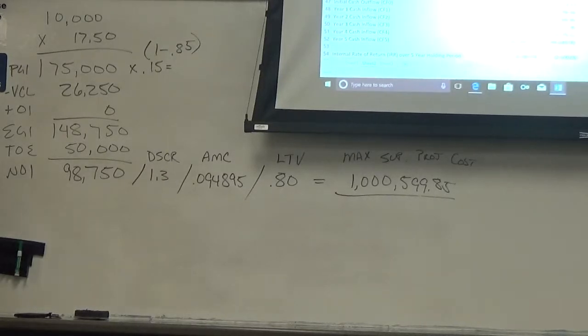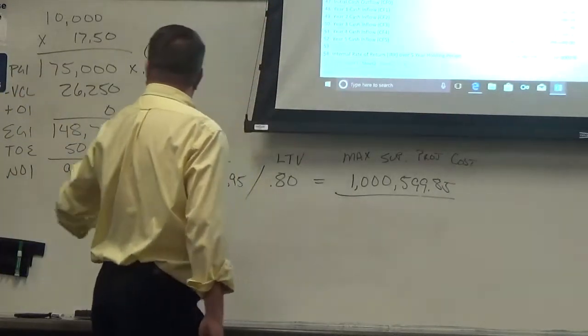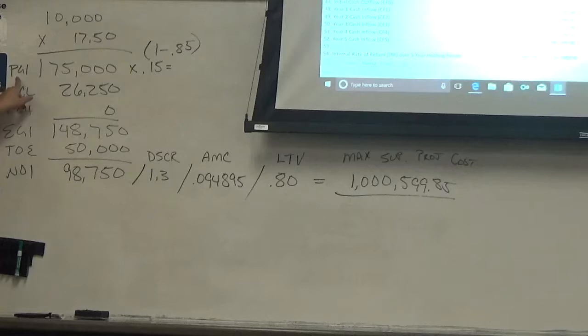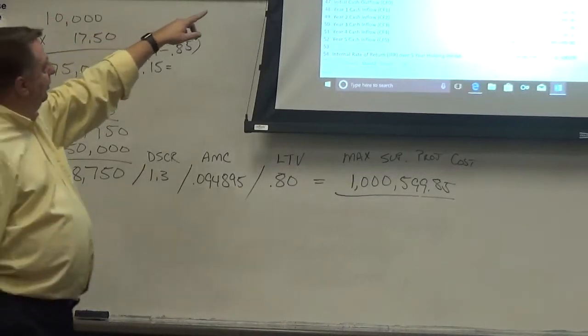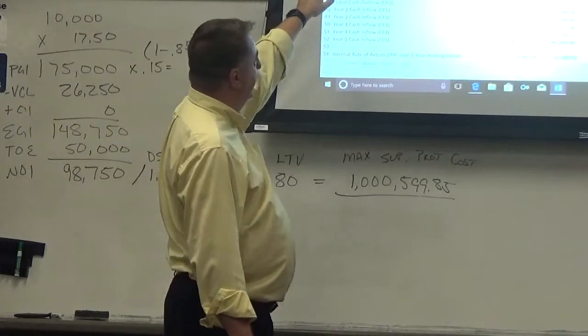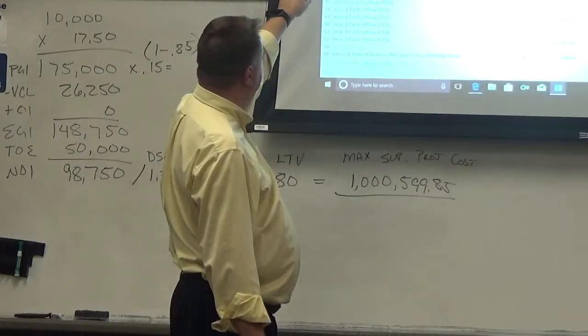All of this is just this: potential gross income, vacancy, collection losses, and so forth. Yes? In this particular model, we actually did insert some other income, and we'll explain that in a second.